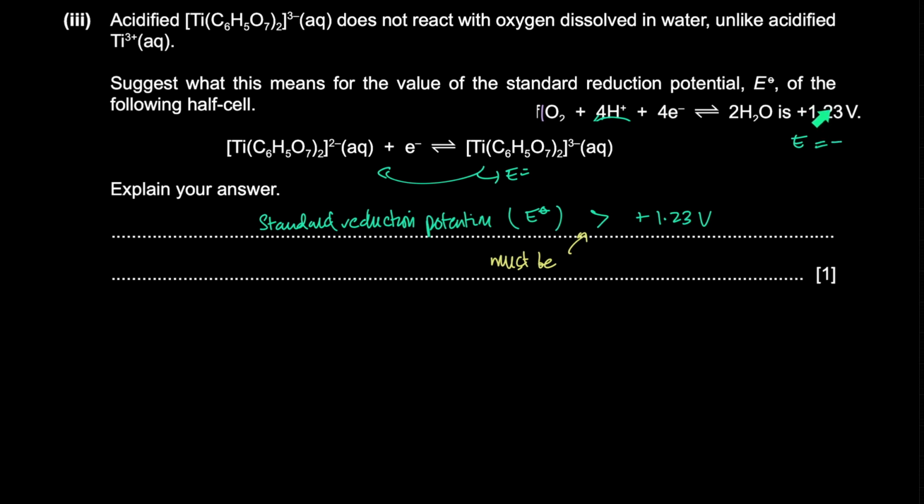If it's more negative than negative 1.23, the overall reaction will still have a negative EMF. So that means the standard reduction potential must be more positive than 1.23. For example, if this was negative 2, then the standard reduction potential would be positive 2.